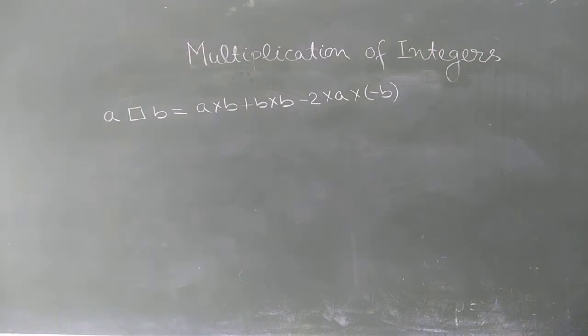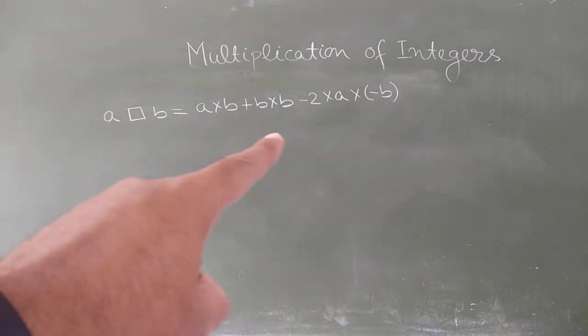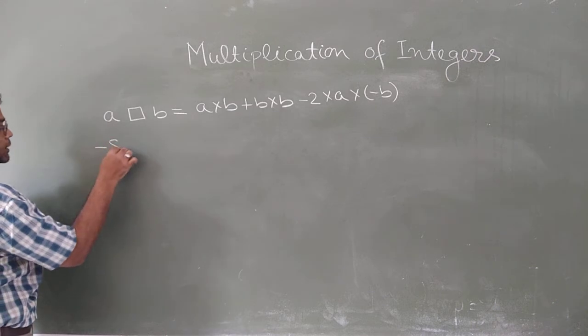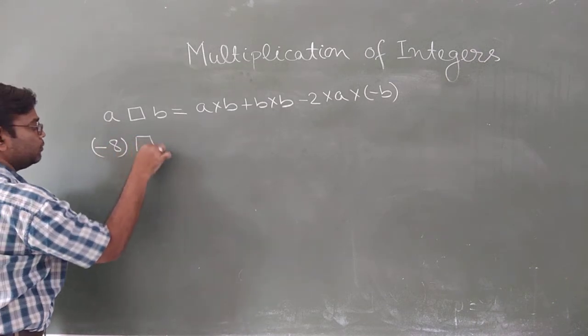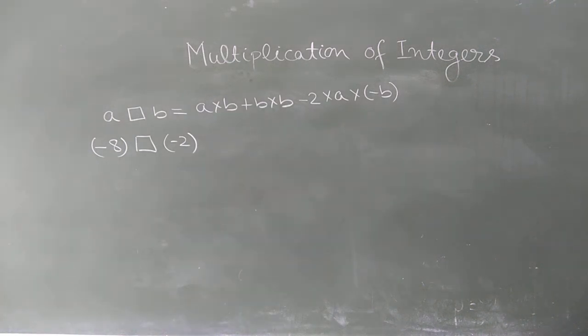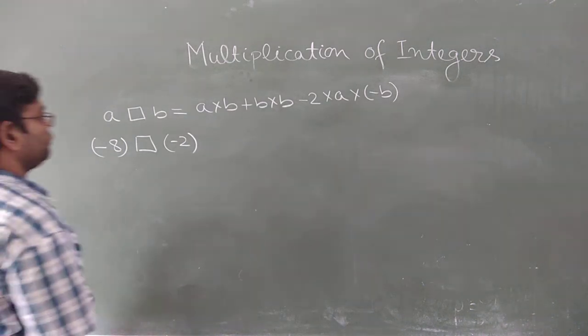The question says find the value, where the value of A box B is given. How do you find the value of A box B? In this question, find out the value of minus 8 box minus 2.